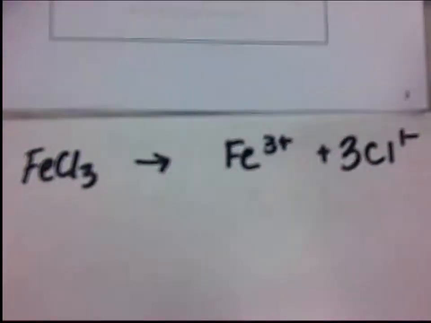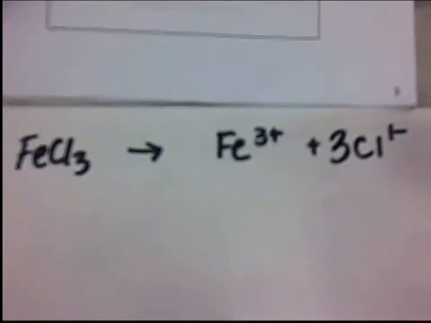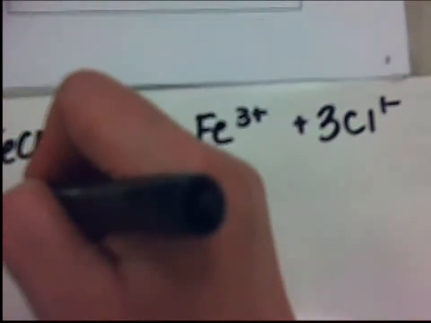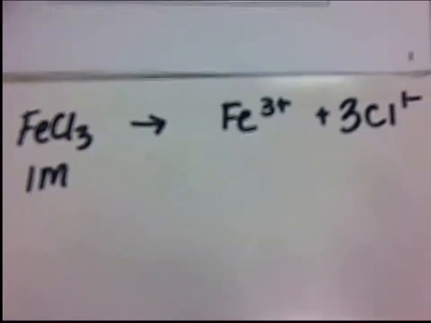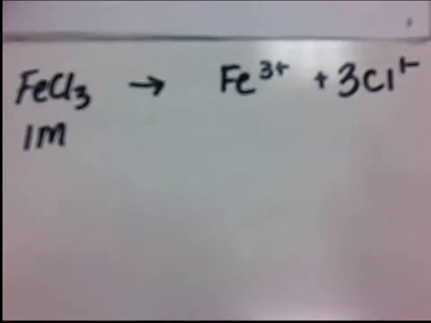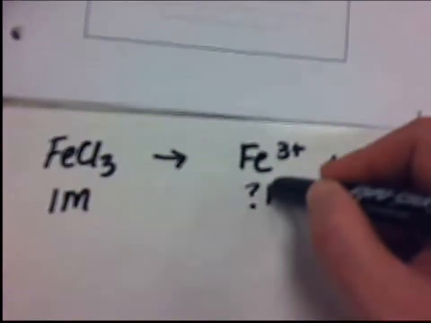Now, the rest of the problem gives us the fact that FeCl3 is 1 molar. And what they want you to find is the molarity, or how many molar is Fe3 plus and Cl1 minus.